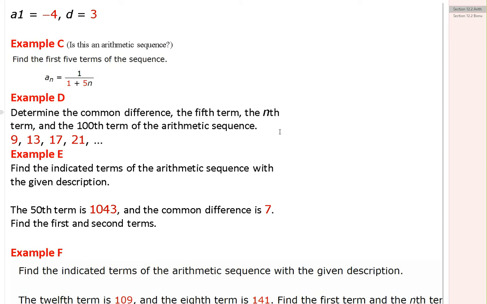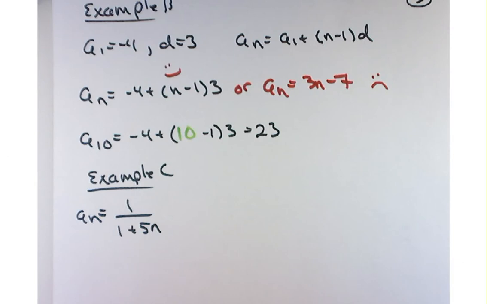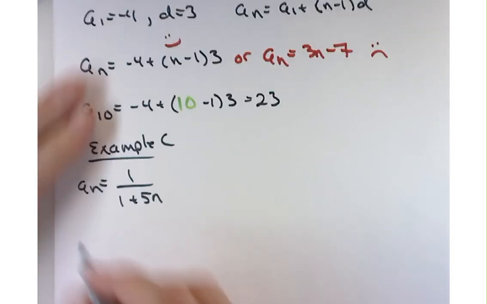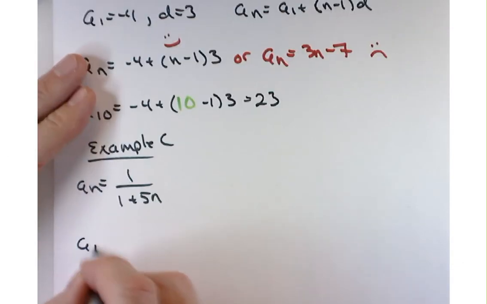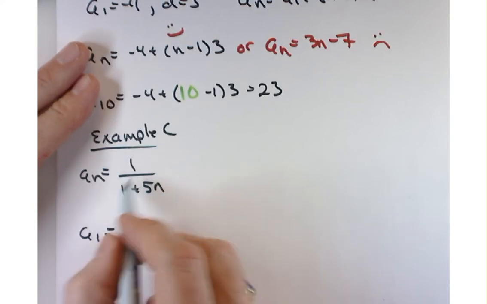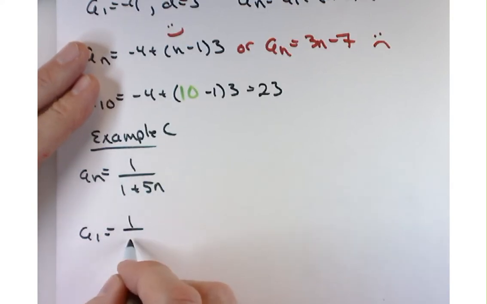Okay, let's write out the first 5 terms, which they tell us to do anyways, and then kind of circle back and try and decide if this is an arithmetic sequence. So I want A sub 1. That's going to be 1 over 1 plus 5, which is 1 over 6.